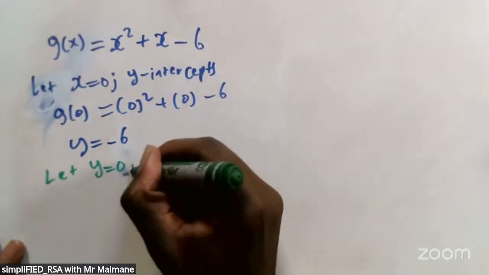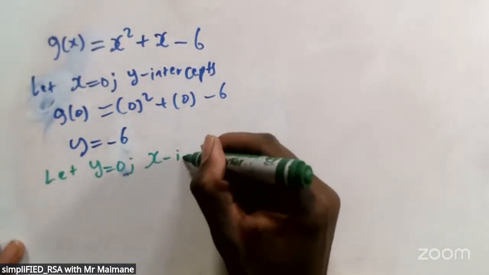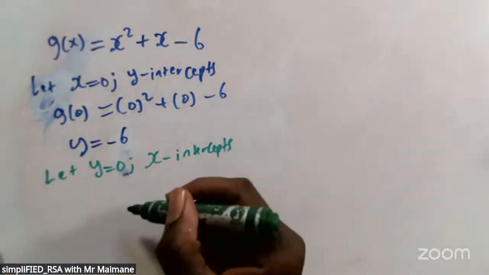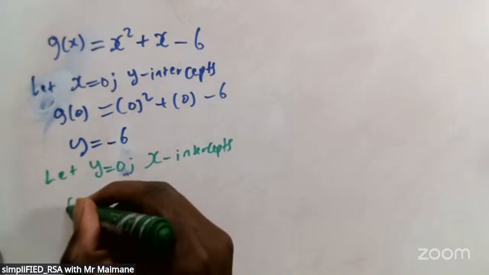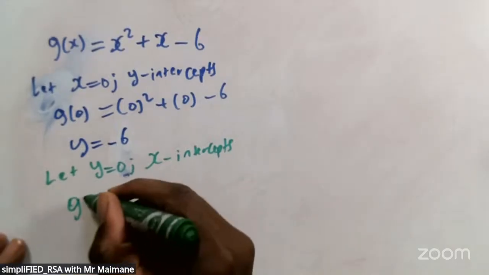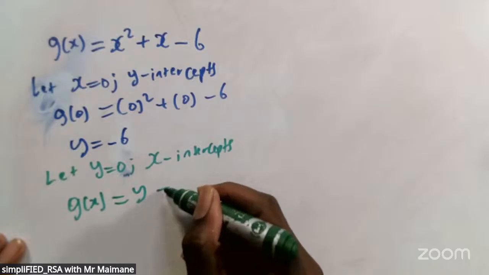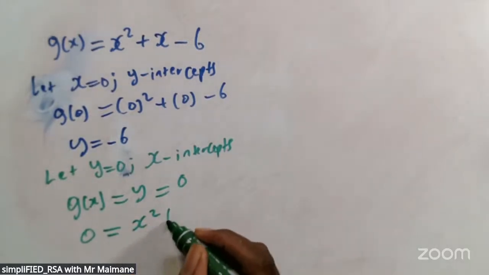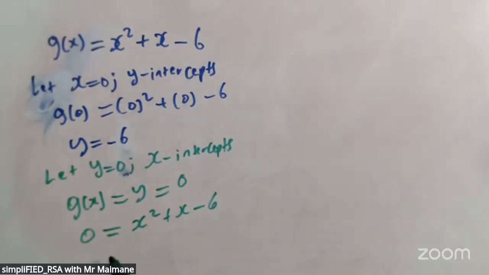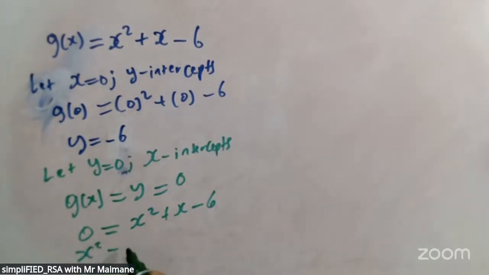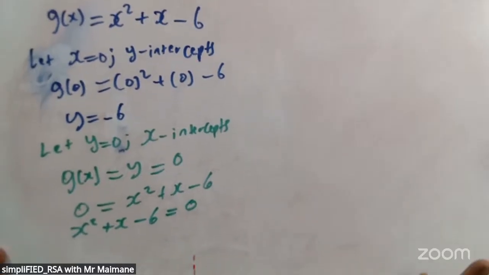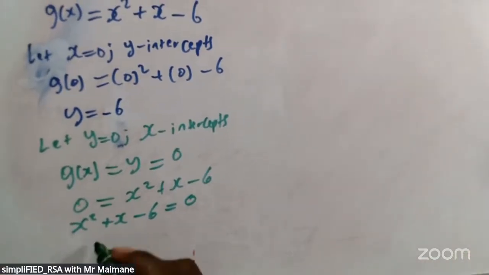I will then let y be 0 in order to find the x-intercepts. Remember, g of x is the same as y, so now I'm letting it be 0. So therefore, I would have 0 equals x squared plus x minus 6, which makes x squared plus x minus 6 equal to 0 if I write it like this, because we are used to solving from the left in most cases.